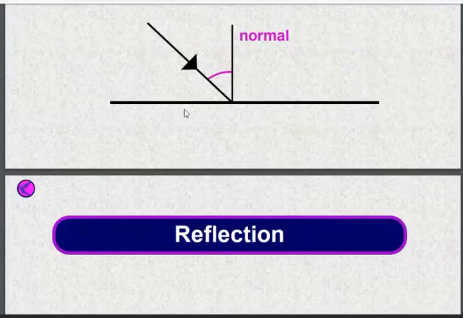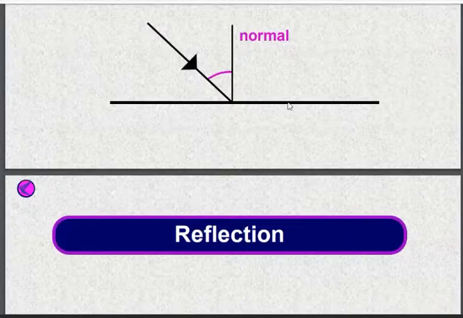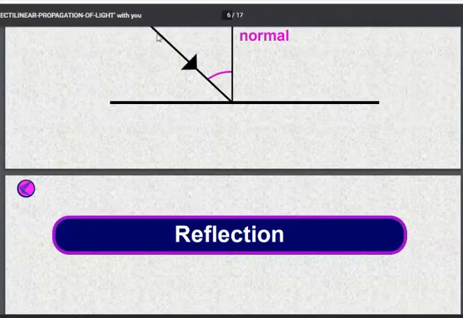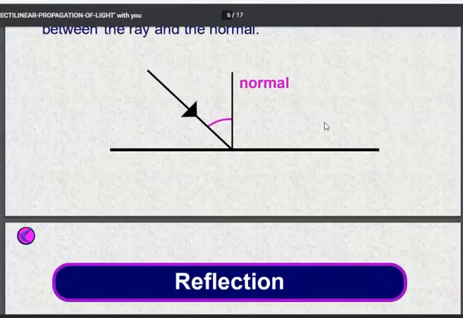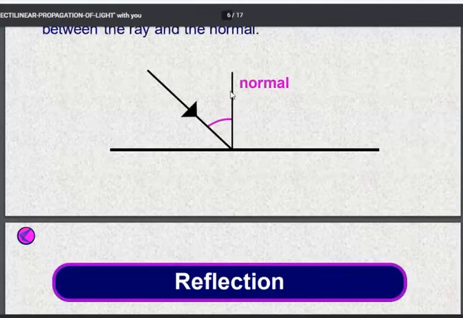So this is the normal, this is the reflecting surface, and this is the incident ray, that is, the incoming ray towards the reflecting surface. This line is perpendicular to the reflecting surface, so the angle made by the incident ray with this normal is called the angle of incidence.